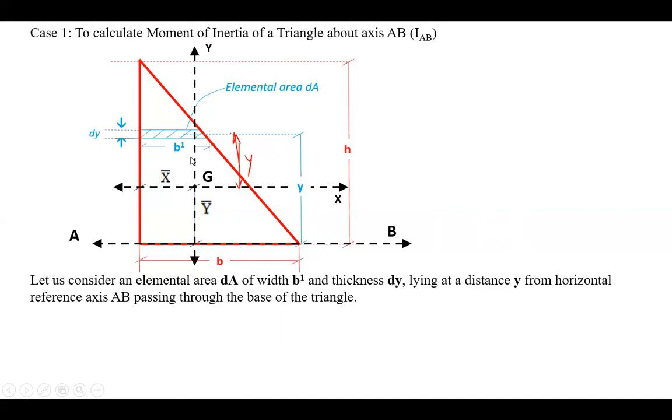So in order to calculate, we need to find the value of b dash, which is a variable, in terms of b and d. That will be difficult if you consider the moment of inertia about the x-axis.